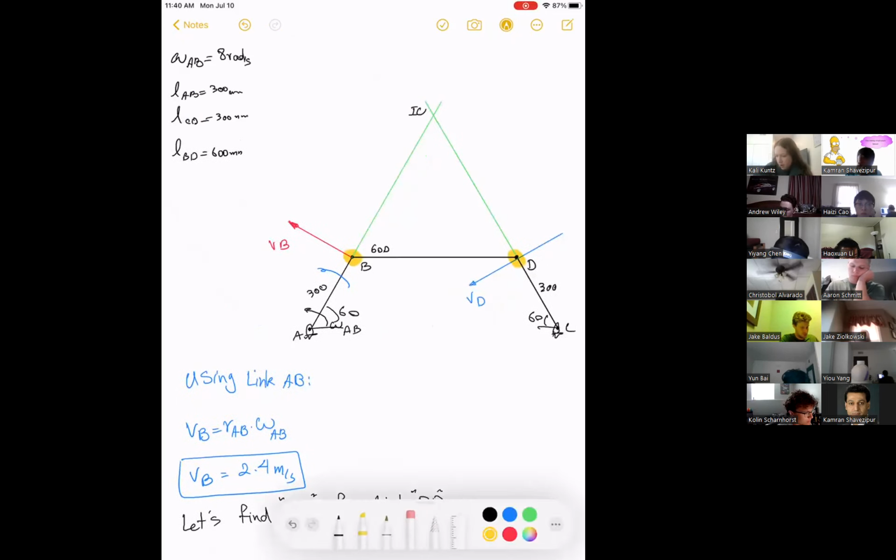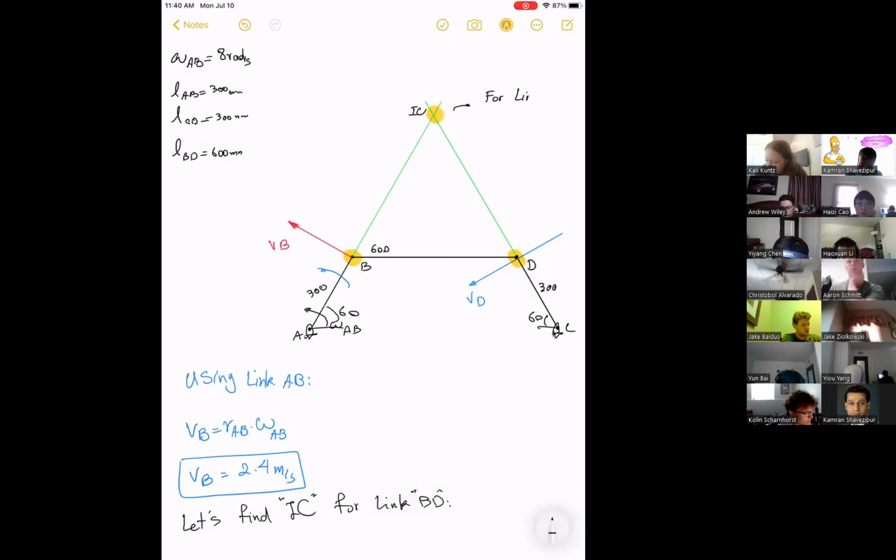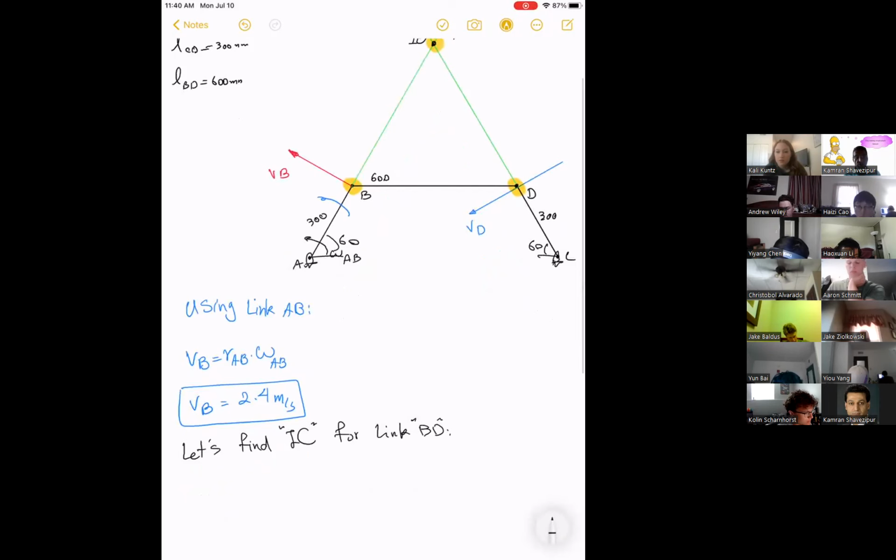So this IC is for link BD. You may realize that it's falling outside the physical boundaries of link BD, but it looks like BD rotates about this point IC right now. Any question up to here?